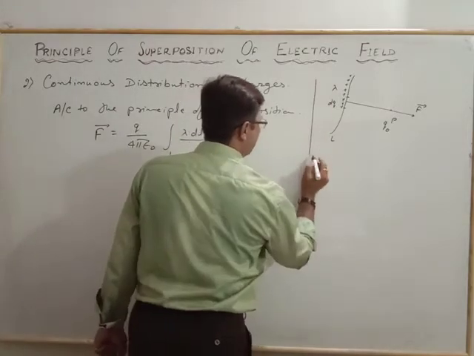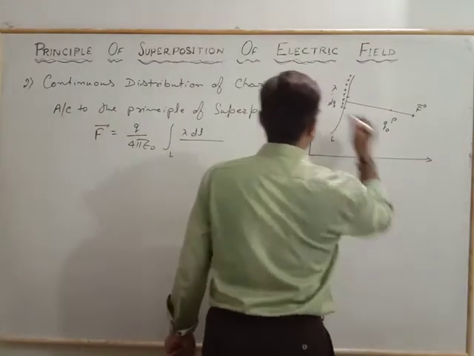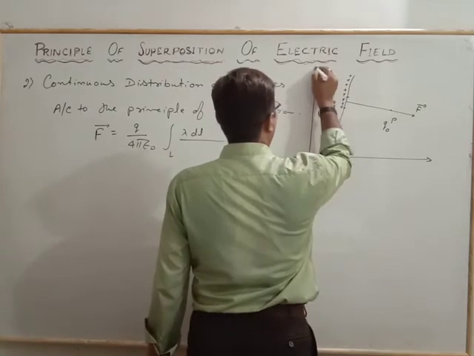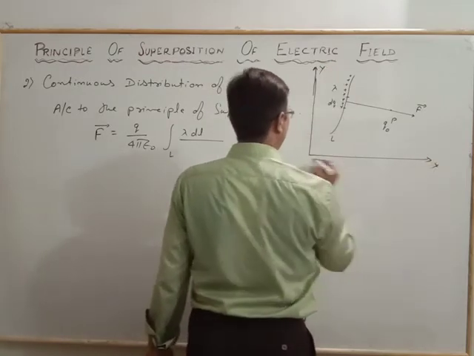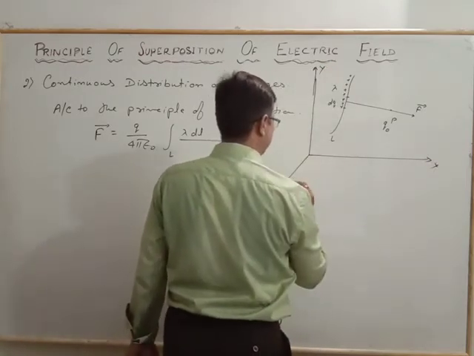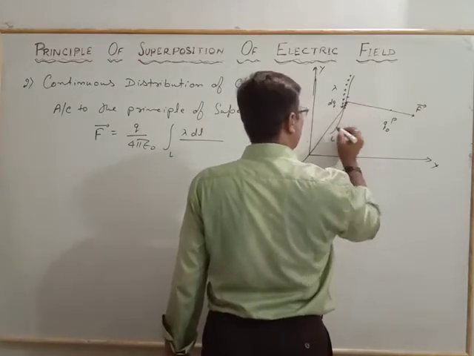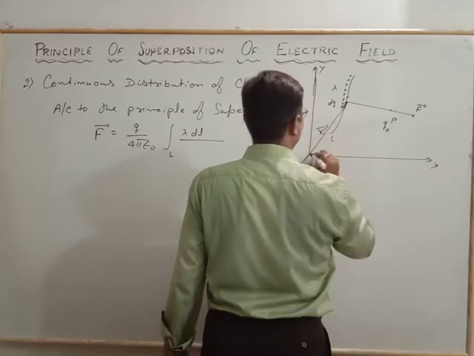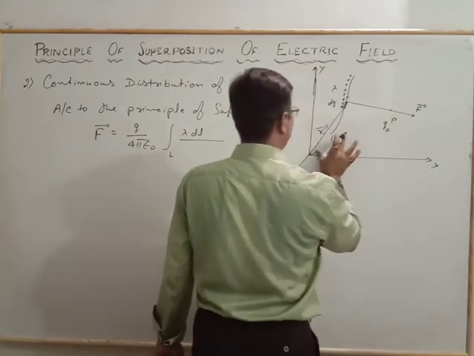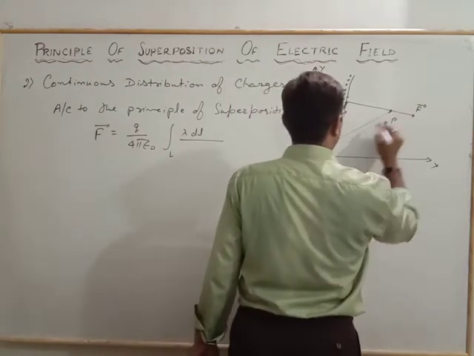From the origin, let it be the origin, that is the y, x, and here it is the z. So the vector up to this point is r dash, and up to the point P it is the r vector.